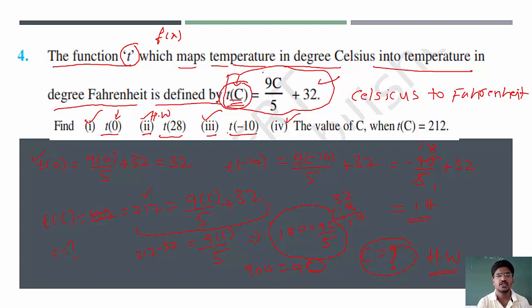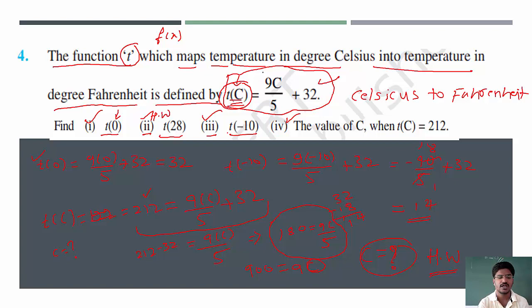Let us continue the next problem in the next class. In the next coming 2 or 3 classes, I will finish this chapter and I will continue with the next new chapter, that is sets.